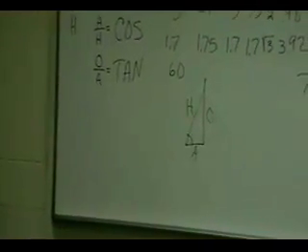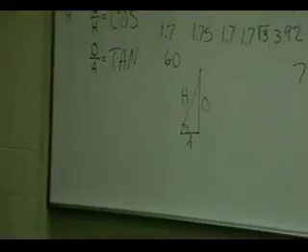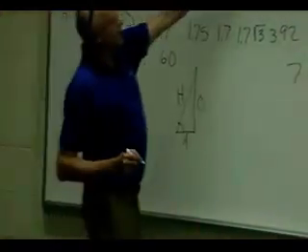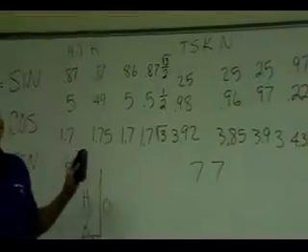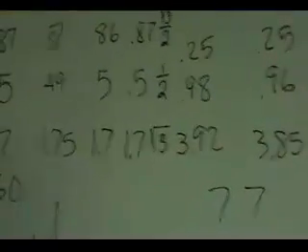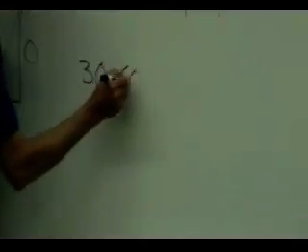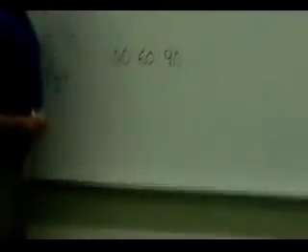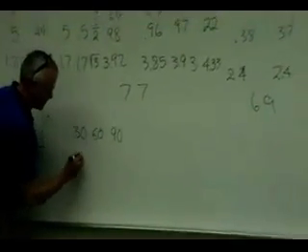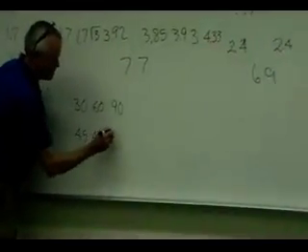Square root of 3. These are the exact answers for a 60-degree angle. A 60-degree triangle is one of the special ones. It's a 30, 60, 90 triangle. Another one of the special ones is the 45, 45, 90 triangle.